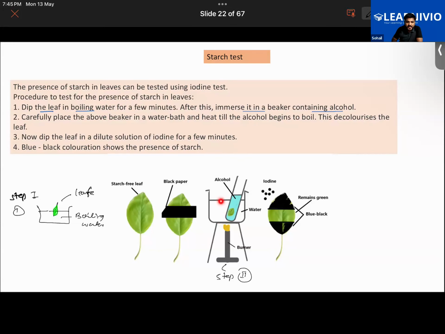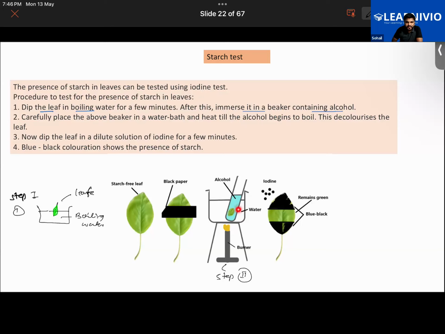And now you will be boiling it till the alcohol starts to boil. So what will this do? This will decolorize the leaf. The chlorophyll starts to come out of the leaf.